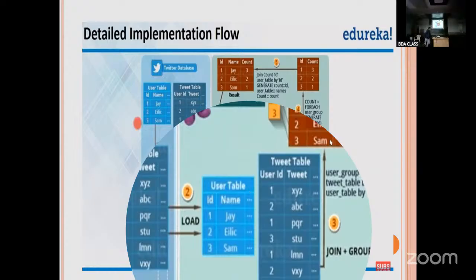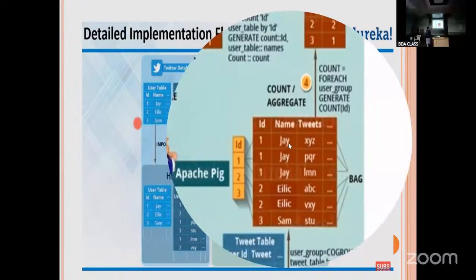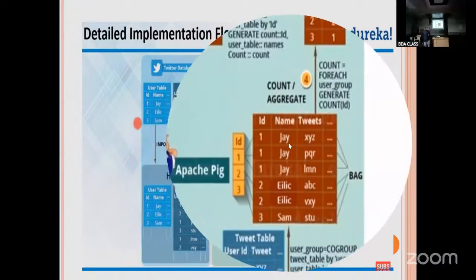Then what do you do? You put all of the data into the bag where you have user ID, name, and comment. To the right-hand side, put it as a bag.